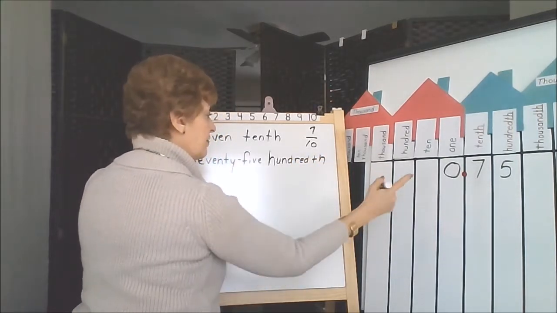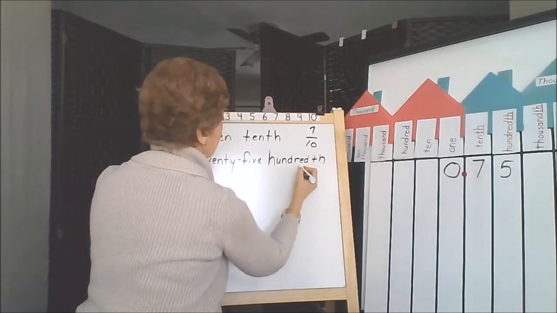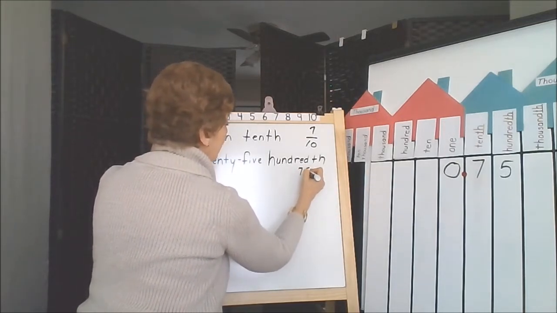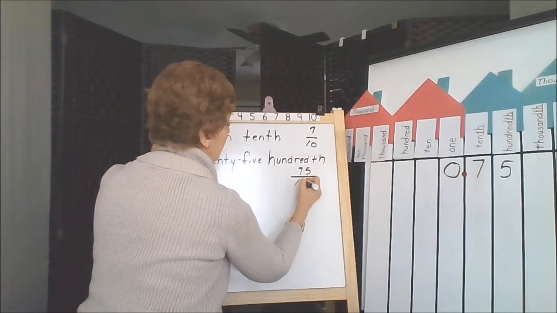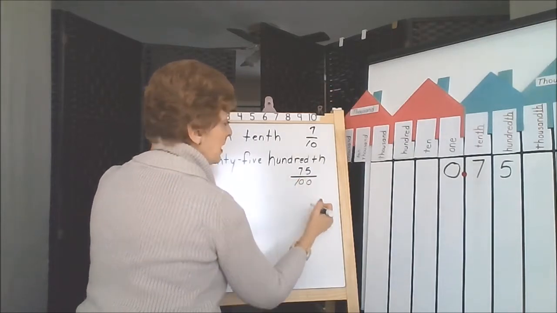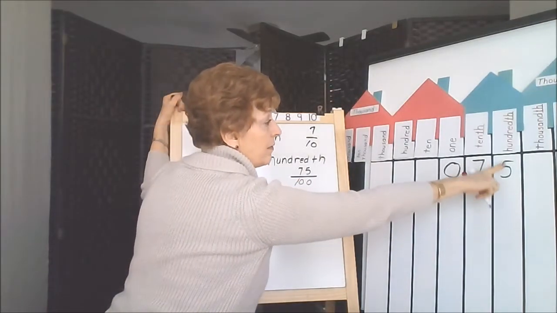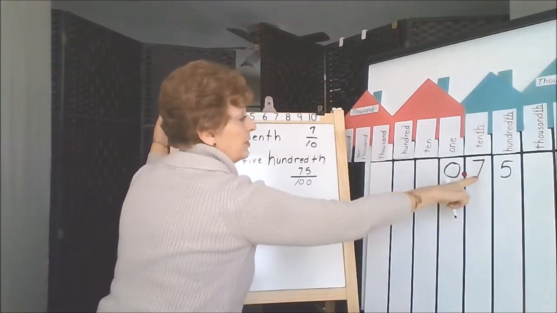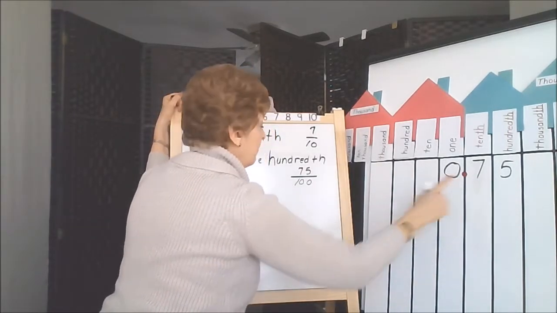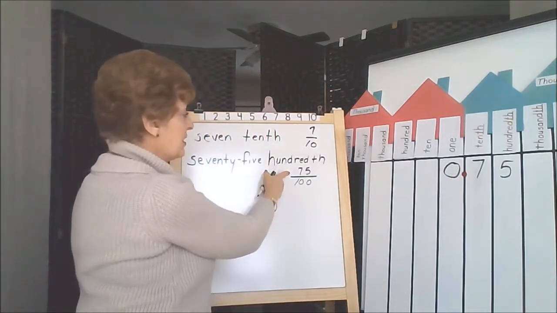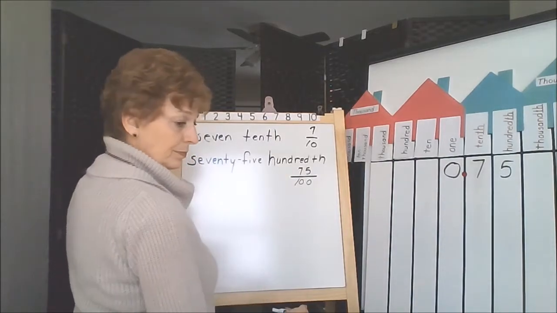And the fraction for this particular decimal would be 75 hundredths. The denominator takes the name of the last column. The number itself, the 75, is the numerator, or the top number of the fraction.